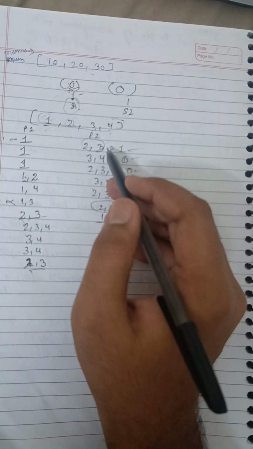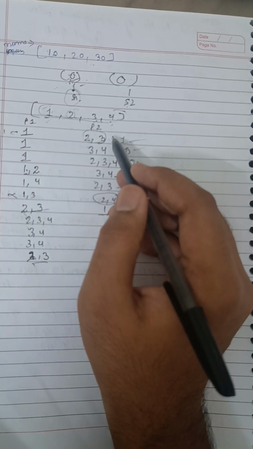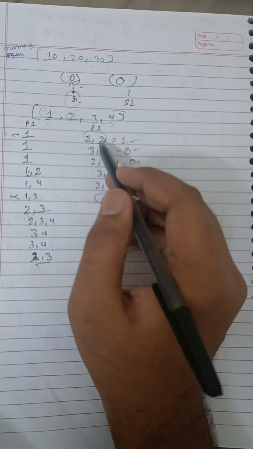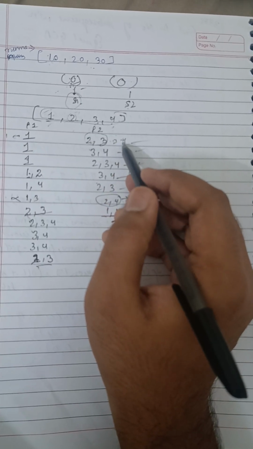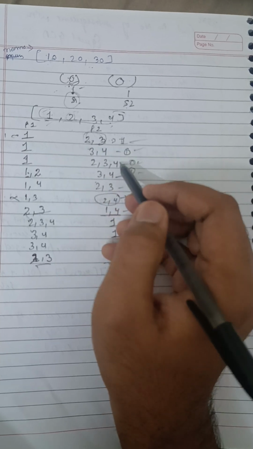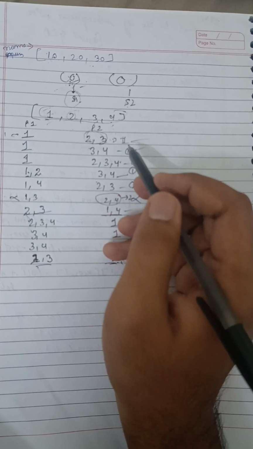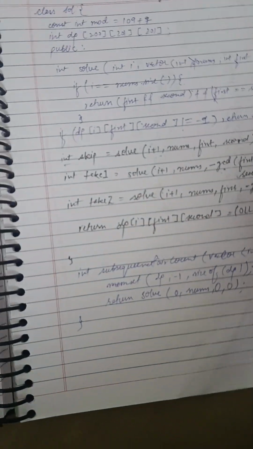So when I compare with 4, when I try to add 4, I will immediately compare the 1, which is the resulting answer of this, with 4, and I will find the GCD, and again the answer will be 1 only. Then the answer will be stored in second.